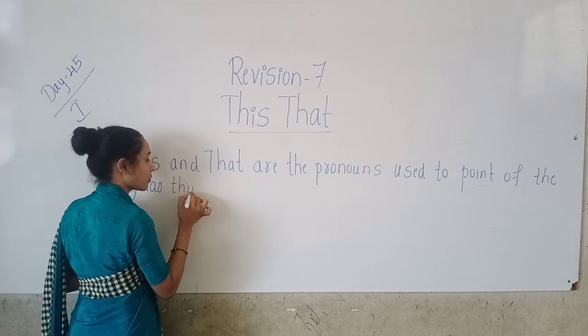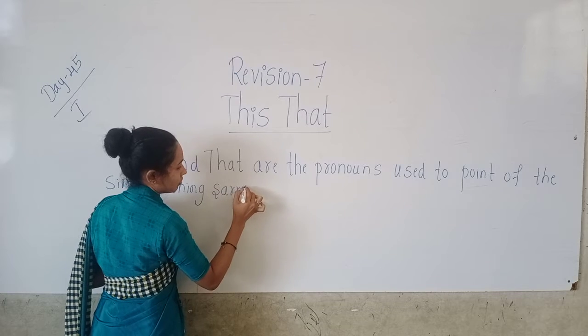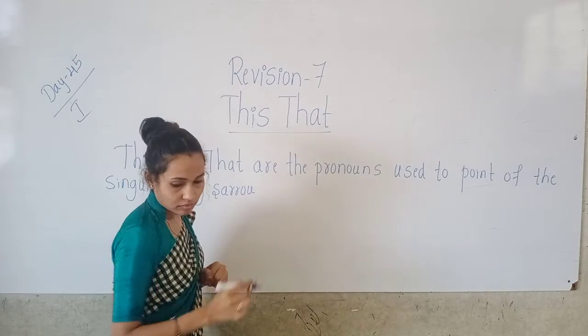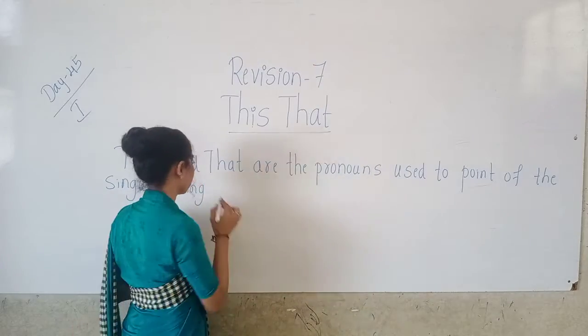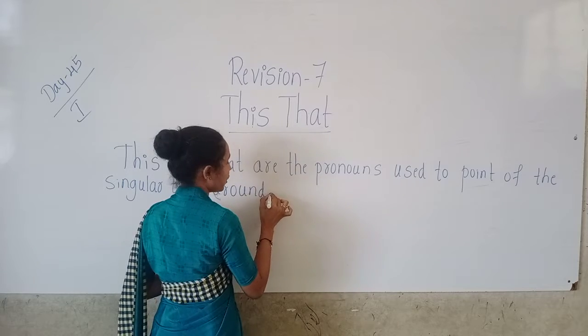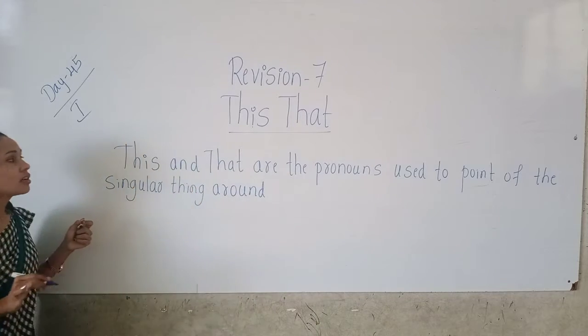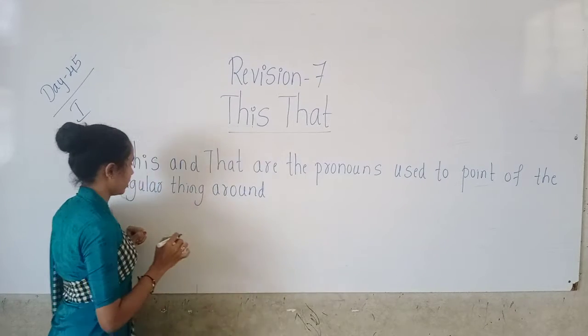Singular things around us. Whatever the things around us which are single, to point out those we are using the words this and that.